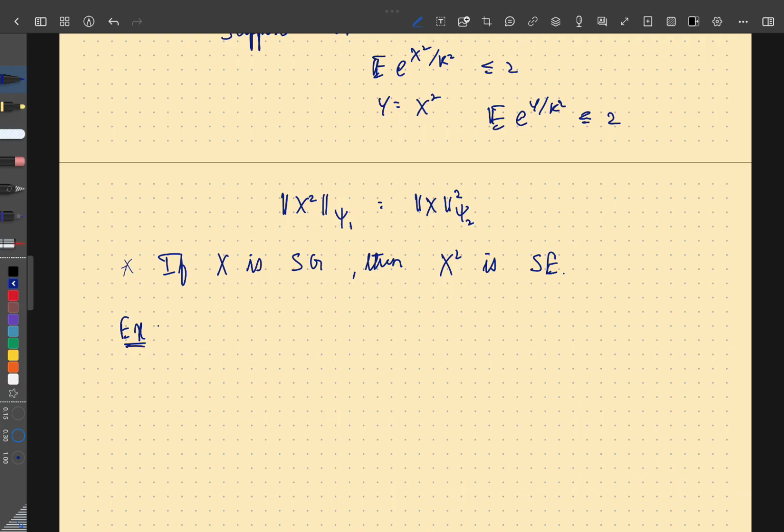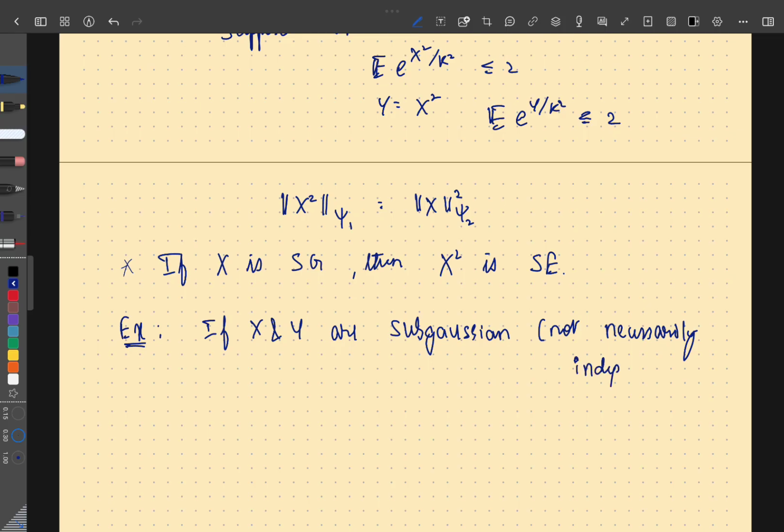I leave this as an exercise, which is that if x and y are sub-Gaussian, where x and y need not be independent of each other, then their product xy is sub-exponential.